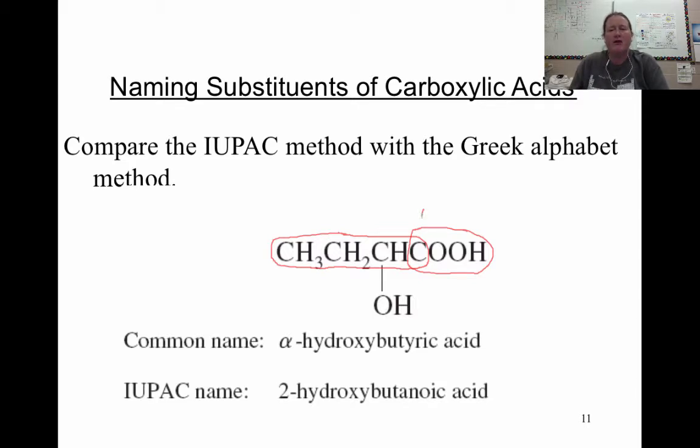So this is the number 1 carbon, this is the number 2, 3, 4. So 2 ways this can be named is alpha hydroxy butyric acid, which is a common name, or 2-hydroxy butanoic acid. You may also see the 2 replaced with the alpha and have the alpha incorporated into the IUPAC naming scheme. So that is a common occurrence.